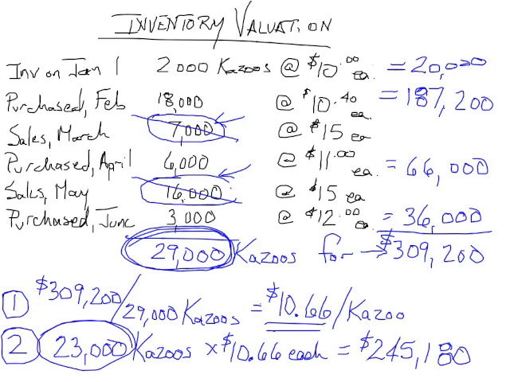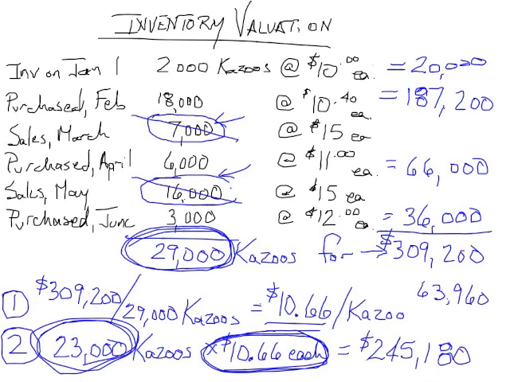I sold 23,000 of them, so my ending inventory is 6,000 kazoos. 6,000 kazoos times $10.66 each is going to equal $63,960. Ending inventory equals that number, and cost of goods sold is this number down here.